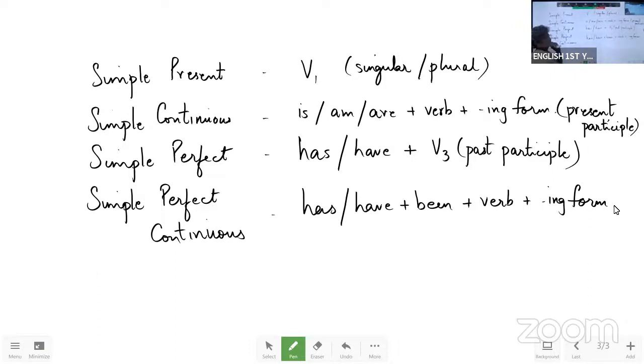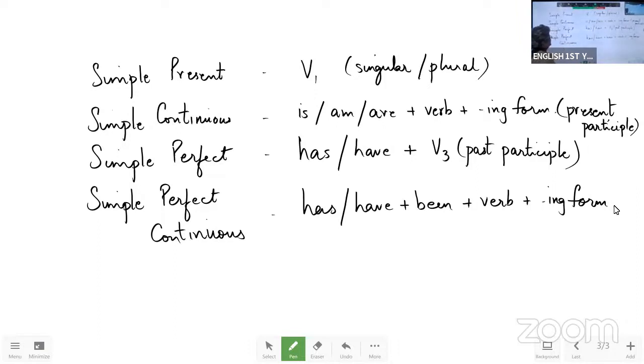Simple present, it's the base form of the verb, singular as well as plural. Like for example, go, goes, buy, buys. Simple continuous is when it is singular, are when it is plural, plus verb plus present participle, otherwise known as ing form.